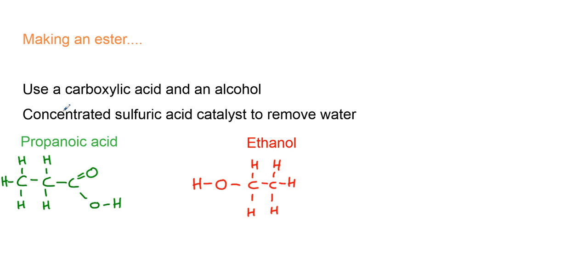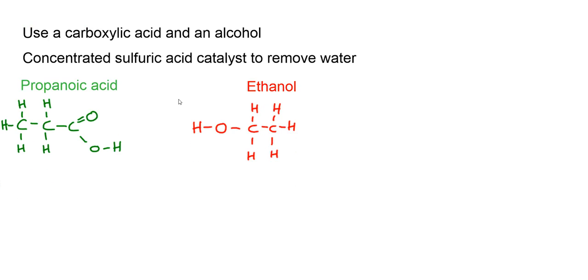Now, the first thing I'm going to say on this is to make sure you're able to do it. It's essential that when you start to draw the structure, you actually make sure that you've got your two OH groups, which you can see there, my alcohol OH group and my carboxyl group.